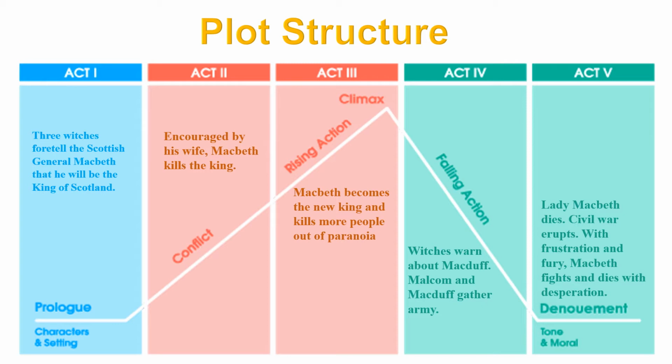Later on in the fifth act, we could find Lady Macbeth dies out of fear for the guilt of the crime she has committed. Out of guilty conscience, she commits suicide. The civil war erupts. With frustration and fury, Macbeth fights and dies desperately.